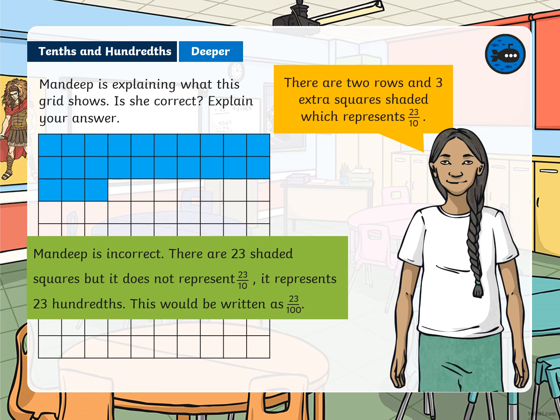And then 3 extra. So I can't have 2 tenths and 3 extra tenths, because those 3 are 3 out of a 100, aren't they? So I have 2 whole rows of 10 there, so that's 20. 3 out of 100. So 23 hundredths.